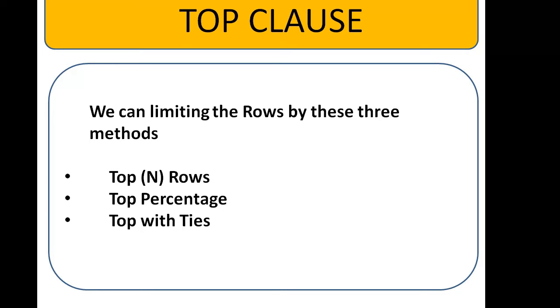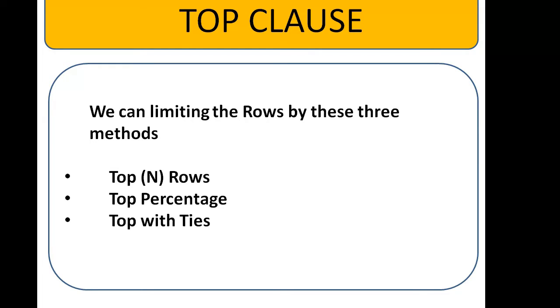We can limit the rows by these three methods: TOP n rows, TOP percentage of the rows, and TOP WITH TIES. TOP n number of rows limits the rows based on the number of rows, and TOP percentage limits the rows based on the percentage of the records in the table.